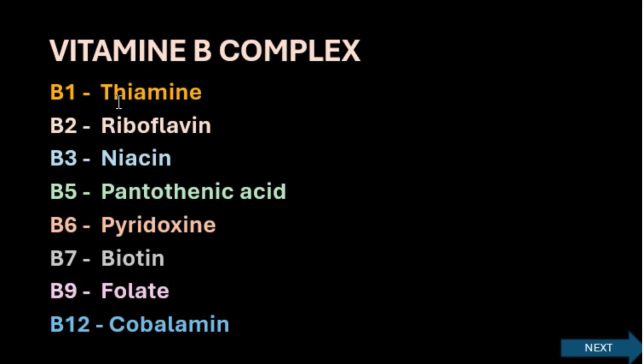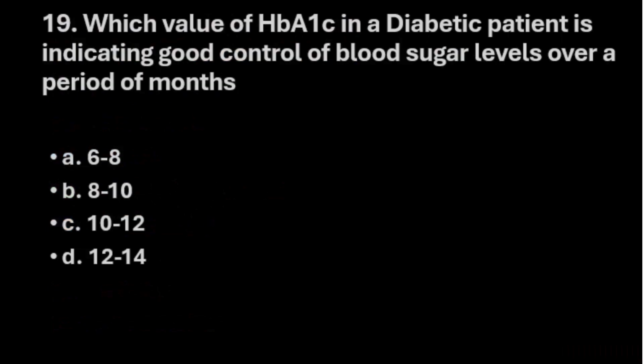So from thiamine to cobalamin, you can remember TRNPPBFC. The numbers are 1, 2, 3, then no 4, then 5, 6, 7, 9, 12. So 1, 2, 3, 5, 6, 7, 9, 12. TRNPPBFC, from thiamine to cobalamin. These are the vitamin B complex names and the numbers.